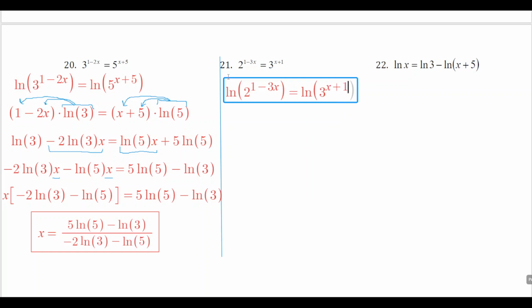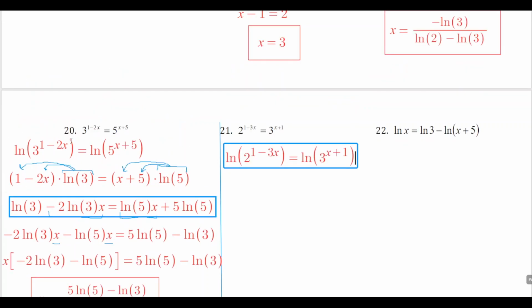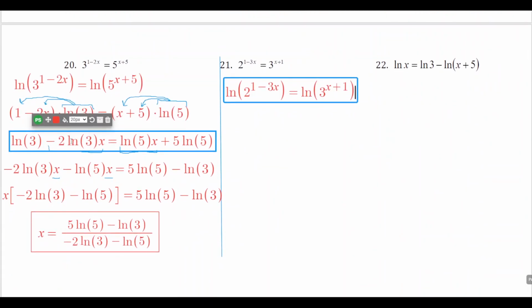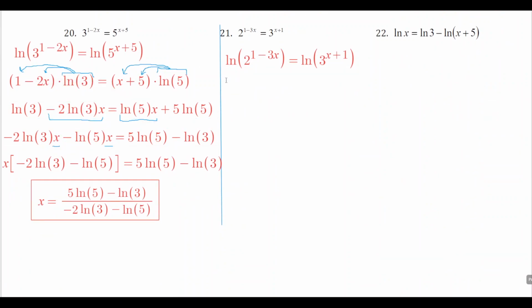Is this not the one we just did? X minus 1. No, it's a little different. Okay. So I'm going to have to switch to a smaller font size here. So we get 1 minus 3x times the natural log of 2 equals x plus 1 times the natural log of 3.